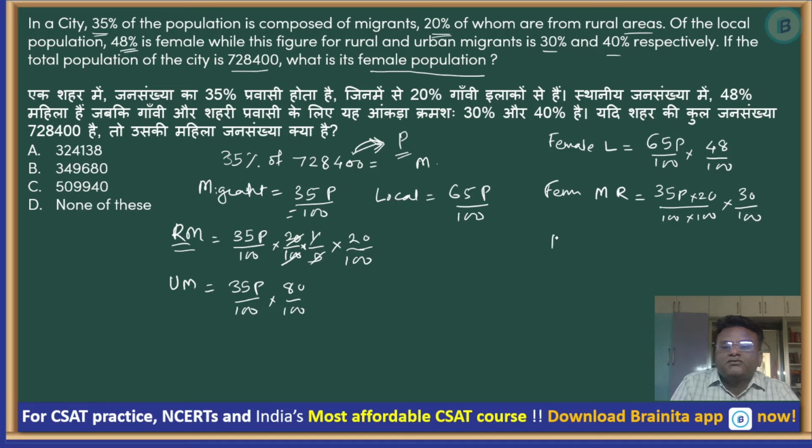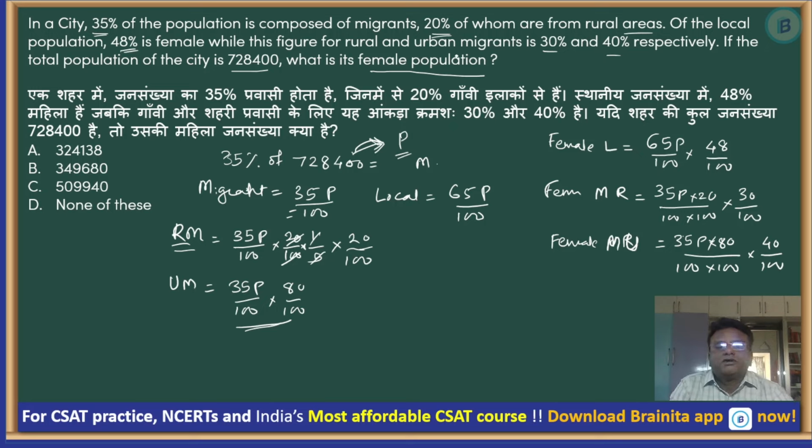And female urban migrants is 35P into 80 divided by 100 into 100 into 40 by 100. Now we have been asked what is the total female population, so we have to add these three numbers by putting the value of P. So basically I have to do this plus this plus this.